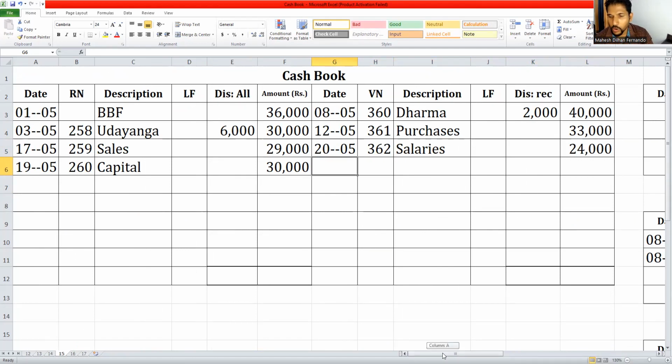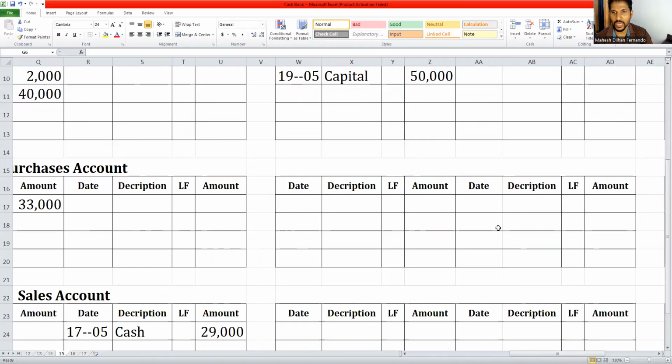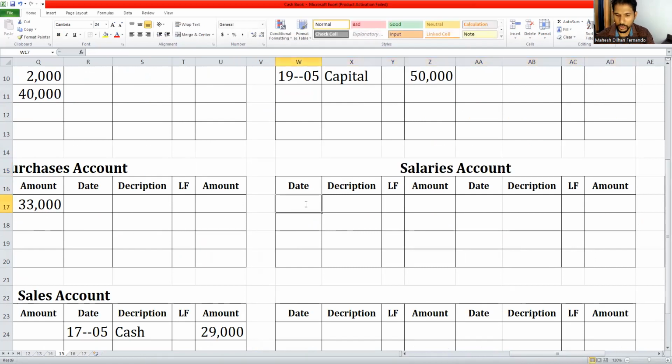And open the next account for salaries. Make the account, son. Salaries account. 20th of May, description cash, amount is 24,000. Salaries account debit, cash book credit.